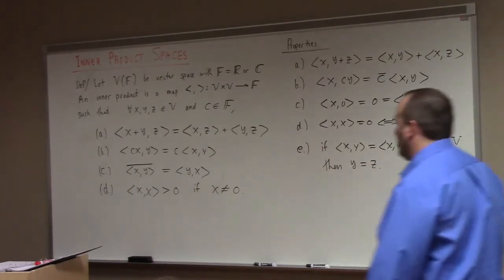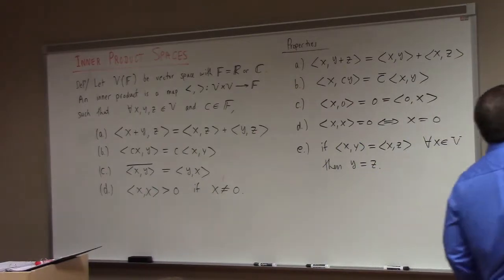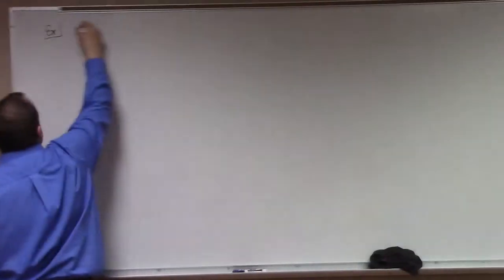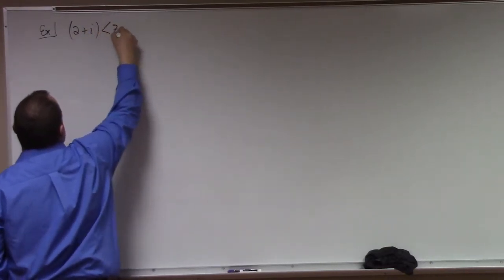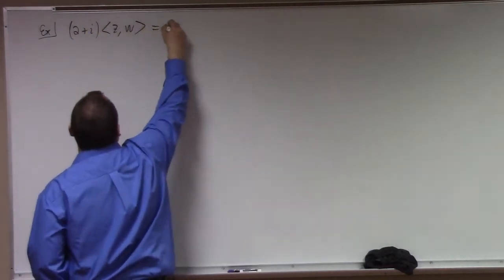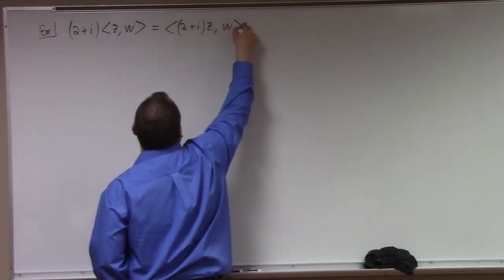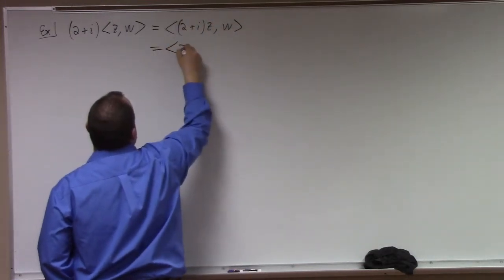It does matter, because if I have 2 plus i, and I'm looking at a complex inner product, then this is equal to 2 plus i times the inner product, but it's equal to a different expression in the other slot.